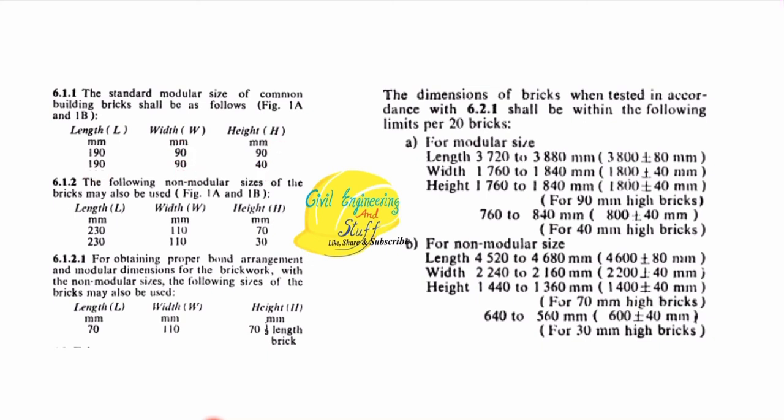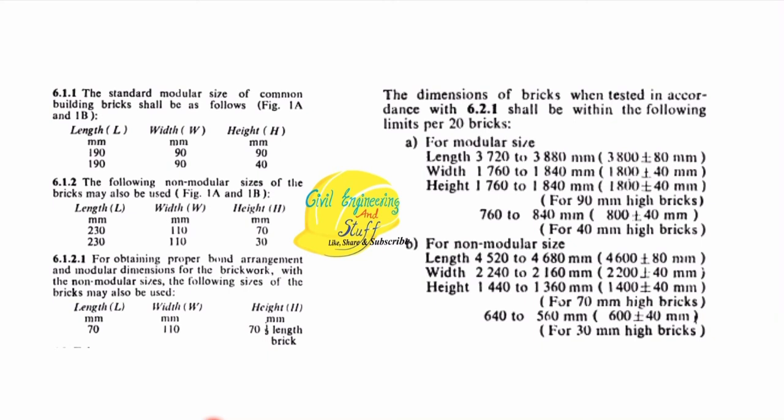For non-modular brick, we have different dimensions. When we do the dimensional test, the permissible dimension for the modular size brick is plus minus 80 mm. So we have arranged 20 bricks, so 190 into 20 equals 3800 with a permission of plus minus 80 mm.